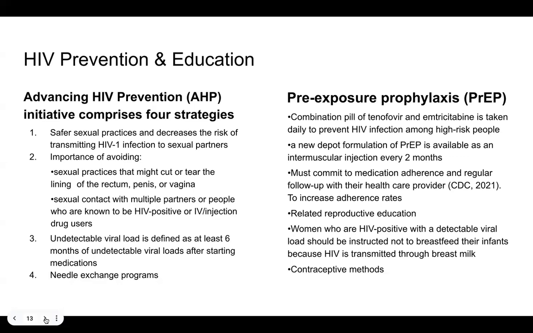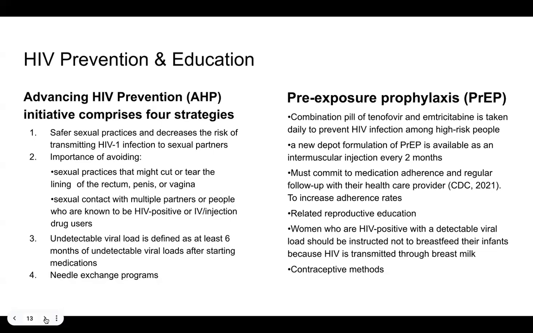So pre-exposure prophylaxis is an important measure too. This is often called the PrEP medication. It's a combined pill of tenofovir and, I'm going to try and pronounce this and not crucify it, emtricitabine. I just call them PrEP meds.